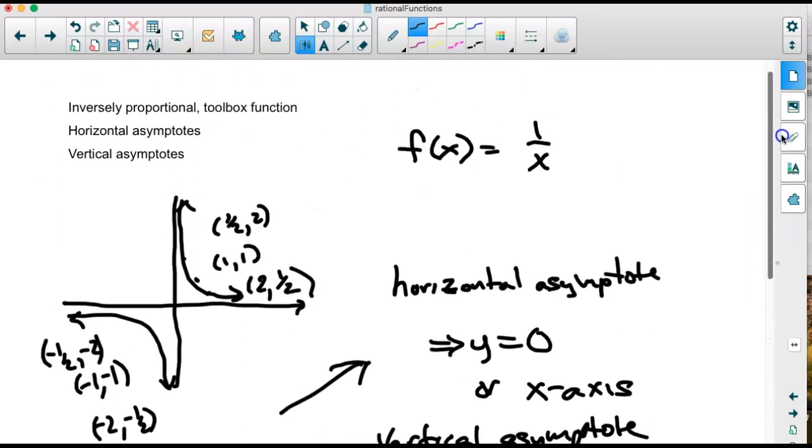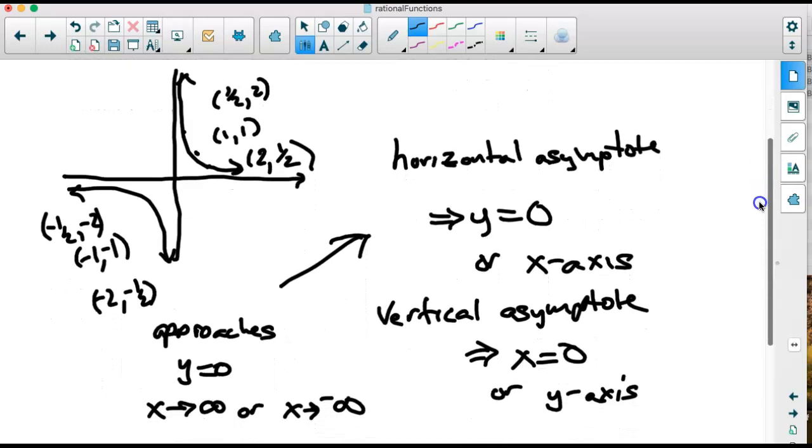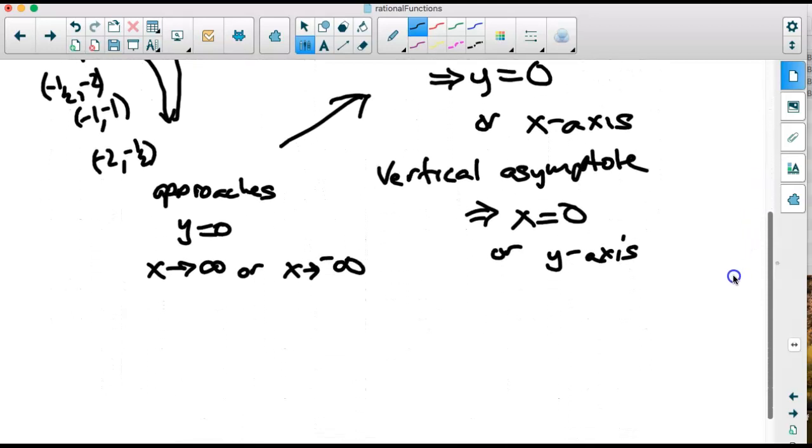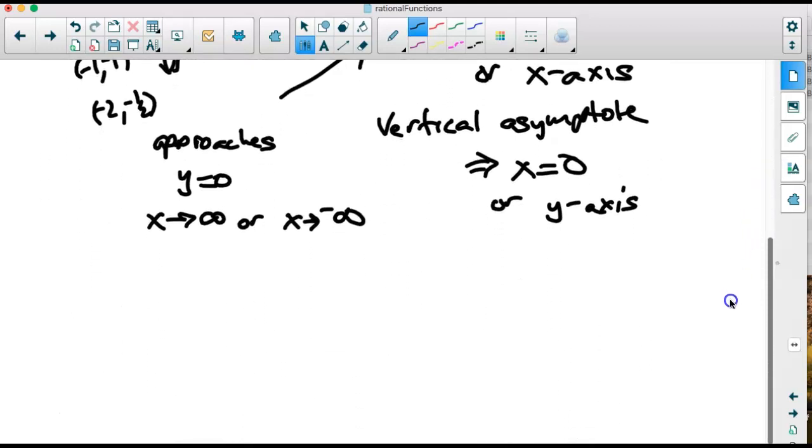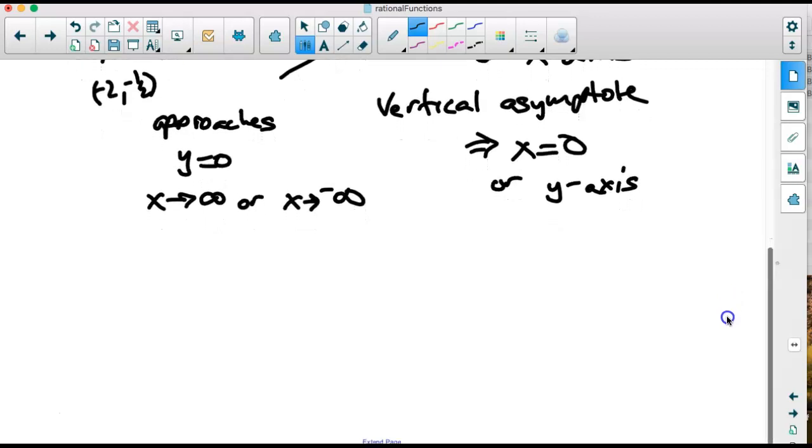Okay, now you need to know that we will want to be able to translate these in our transformations. We'll want to be able to take this function and transform it by moving it right, left, up, or down, and stretching or shrinking it.